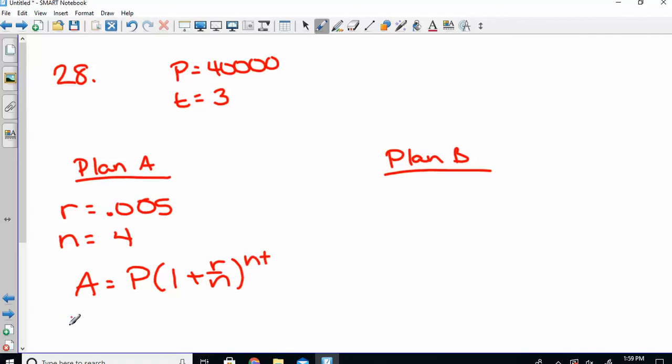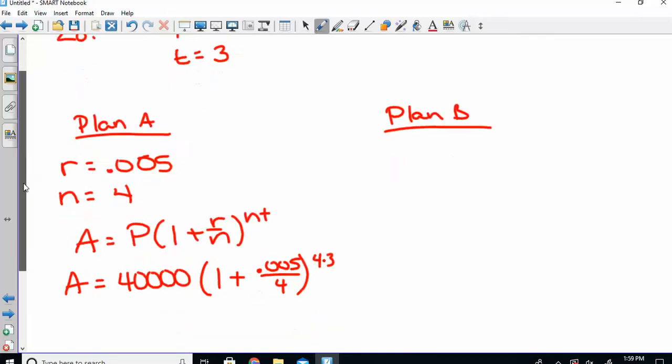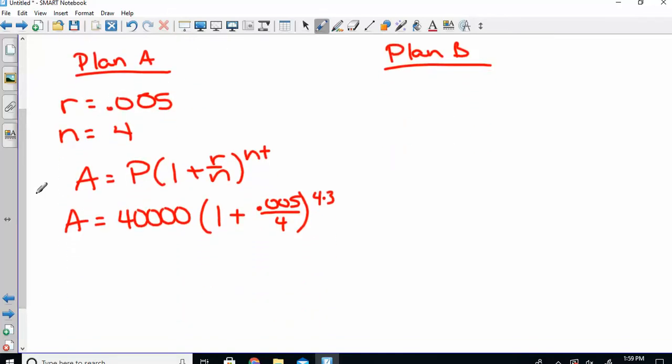So then the formula is, I don't know A. P is 40,000. 1 plus R, 0.005, over N, which is 4, to the 4 times 3 power. And if you remember when we did these, we just put everything in our calculator at once to try to get the final answer.